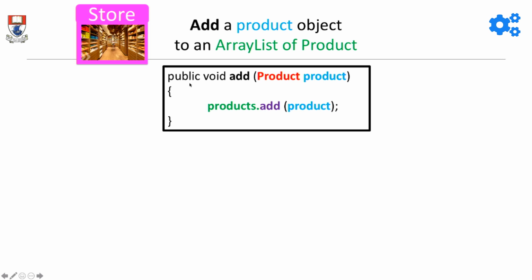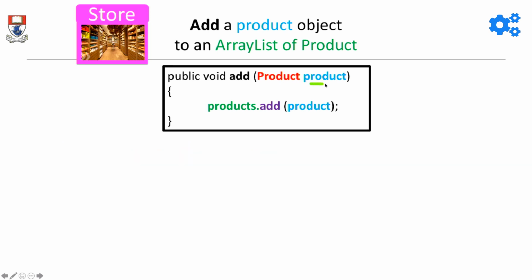So we're going to call the add method. It takes in a product object variable, which is of type Product, capital P, data type or class. Because it's a capital P, that means it's a class. So this is a variable of this type.